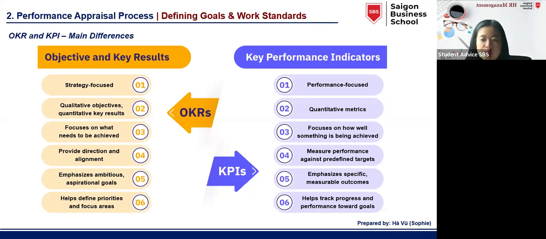And for an OKR to improve the customer satisfaction by 10%, relevant KPIs could include customer satisfaction score or net promoter score. So this combination allows enterprises to evaluate progress more comprehensively, combining the ambition of OKRs with the precision of KPIs.